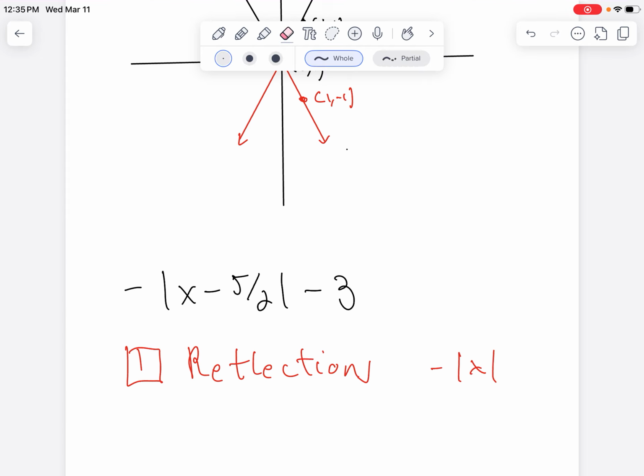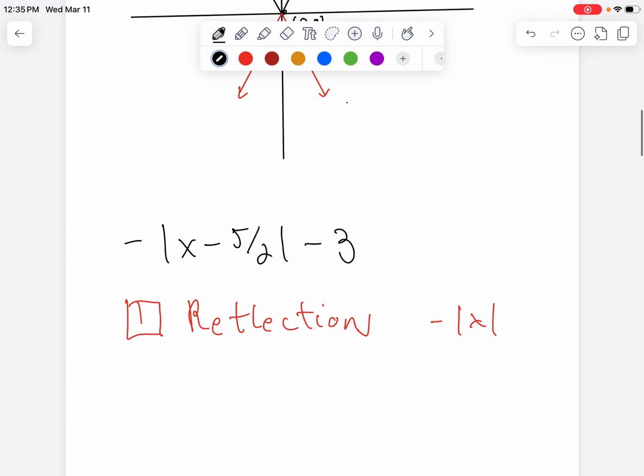Next I would do any vertical stretches or shrinks if I had a value of a on the outside, but I don't, so we're not going to worry about that today.